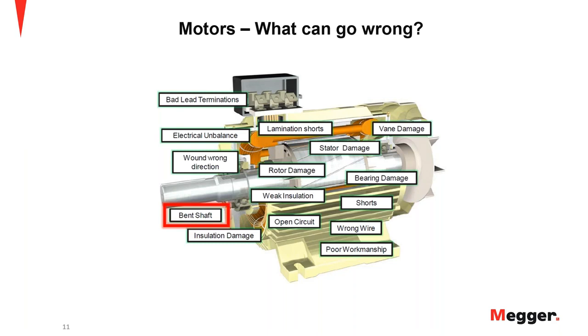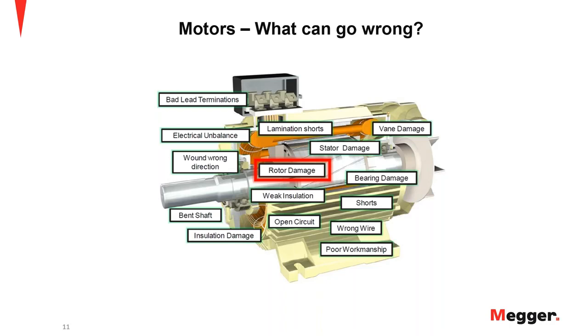We could also have a bent rotor shaft, and this could be caused by extremely high loading or extremely high heat. We also have rotor damage. Rotor damage is the unbalanced conditions or results from bearing damage or poor workmanship.